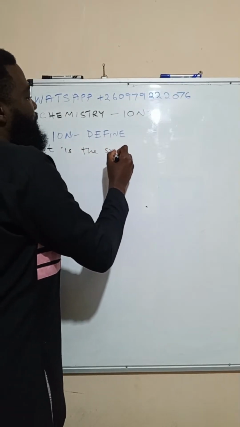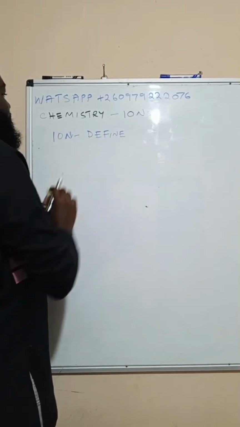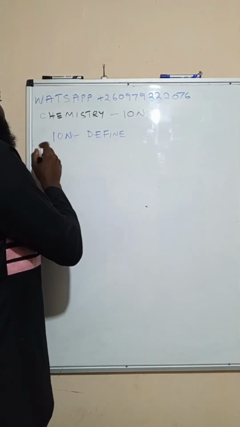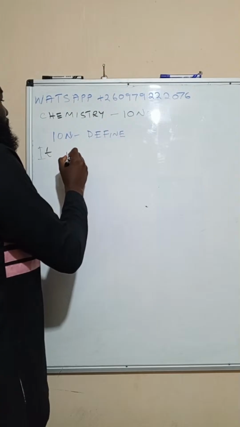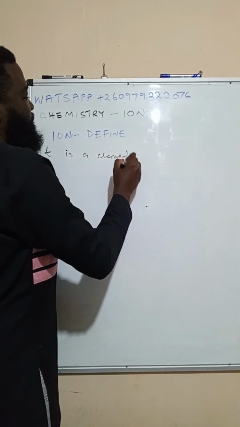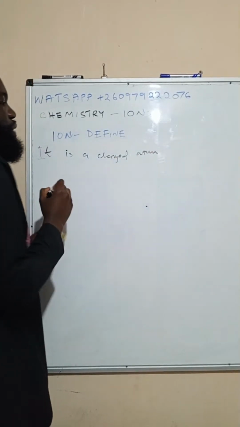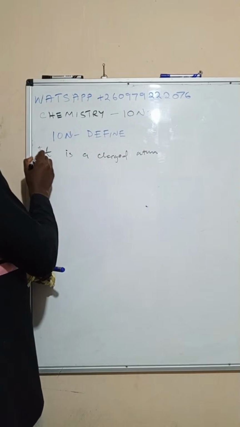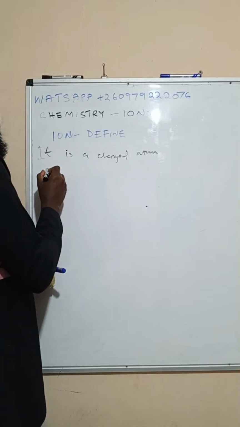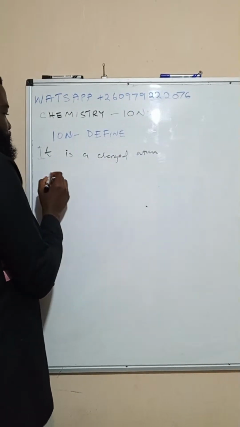An ion is a charged atom, either positively or negatively.